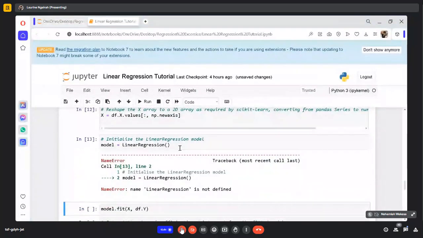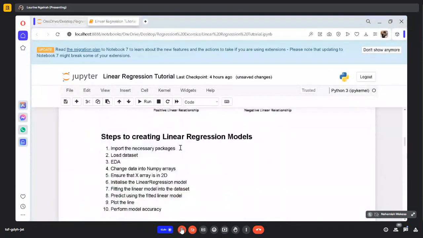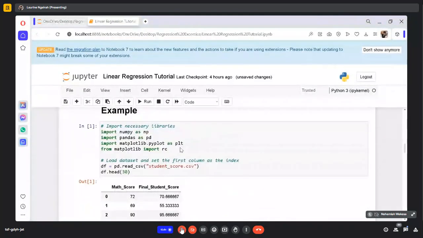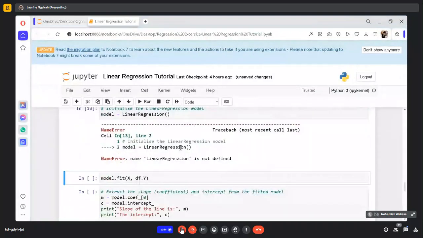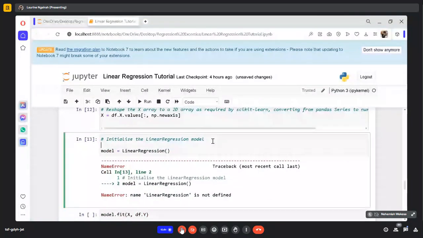Lori, did you import the linear regression package up there? No, I did not. So you have to import it. Someone guide me.